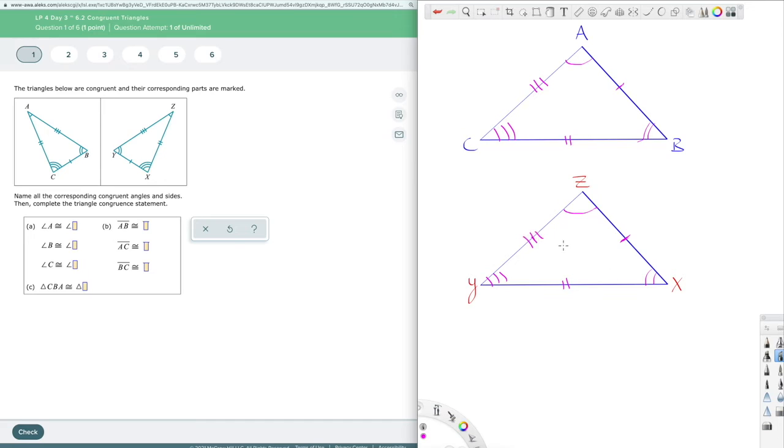Again, I would not use different colors. You can use all the colors you want, but I would still use the different number of tick marks and the different number of arcs, just in case we're going from one media to the other and we lose the ability to print in color or see the color for whatever reason. This also could help someone who may be colorblind, because they may not be able to see the different colors, especially with certain ones.